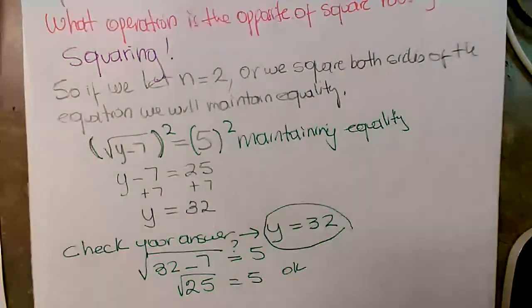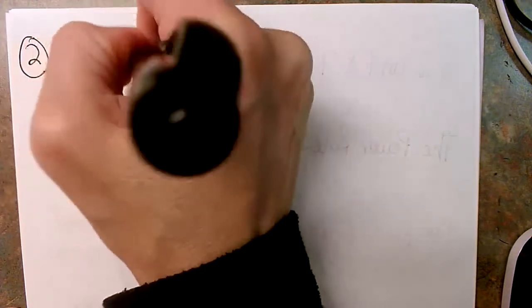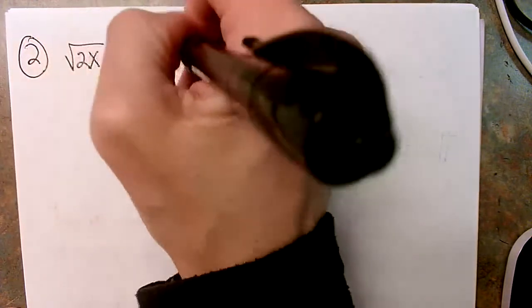Now, let's do another one. This one. We have the square root of 2x, squared, plus 10 equals 4.